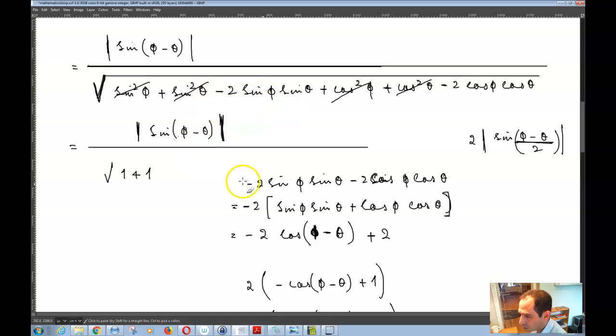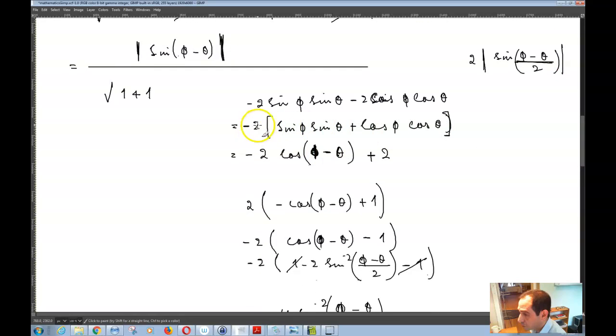The denominator is this thing over here, negative 2 times, and there was a 2 over here, so I brought the 2 over here, and there is a square root function as well.